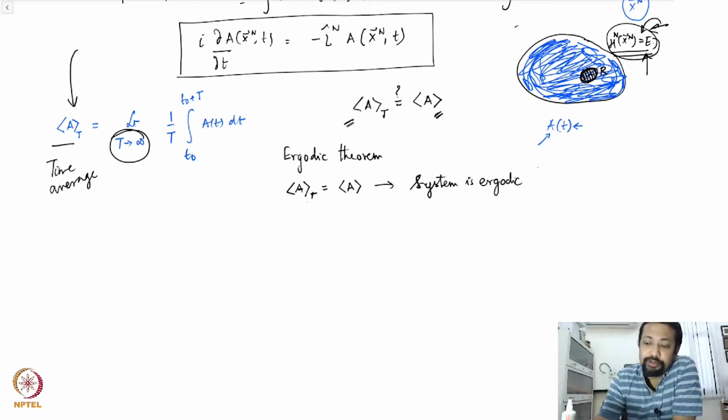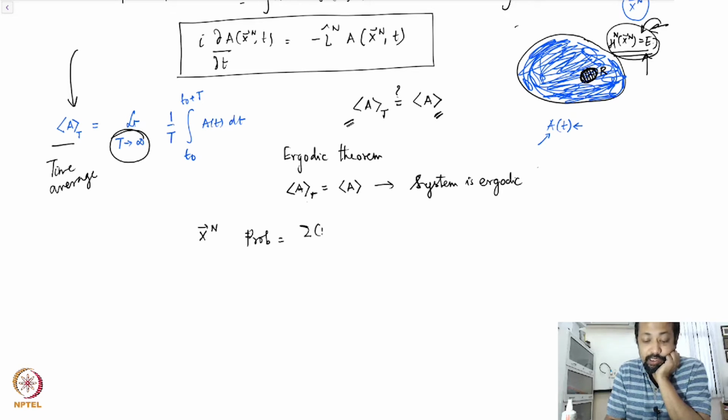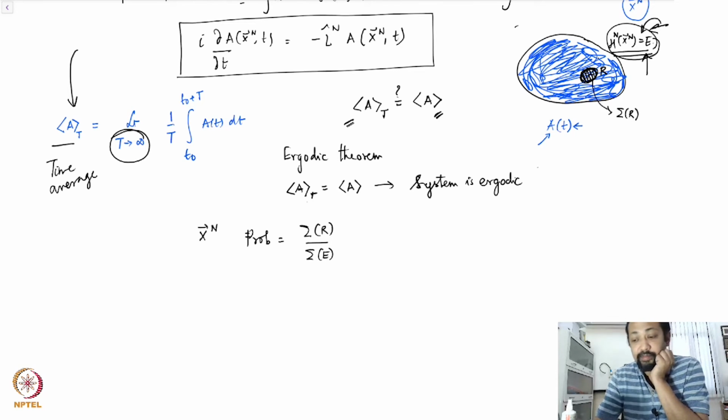Now if you consider a small region R as indicated over here by the black closed surface, and you ask what is the probability that the state, which is denoted by xn, is in this region R, then since the whole of the phase space is completely filled, the answer is essentially that probability is equal to sigma R divided by sigma E, where sigma R is the surface area contained by this black contour within R, and sigma E is the total surface area.